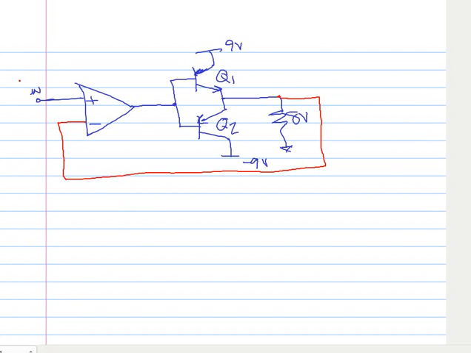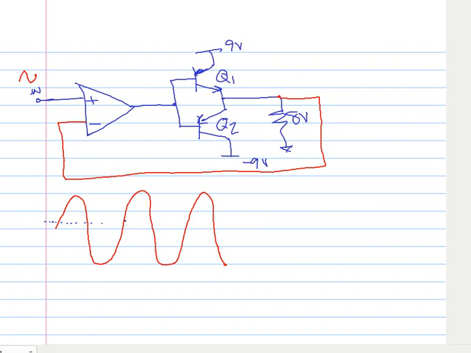Now we still have Q1 and Q2. Let's examine the input now. So we're going to place a sinusoidal input at the input. Pretend that I can draw a good sinusoid. It looks something like this.